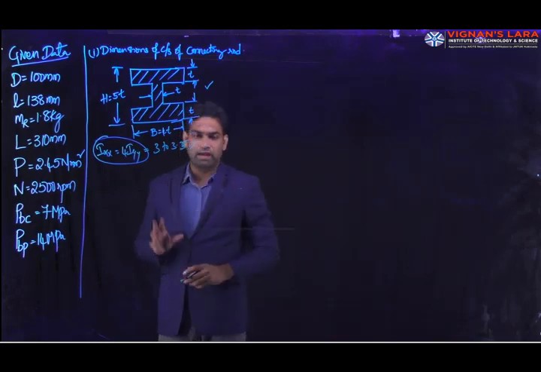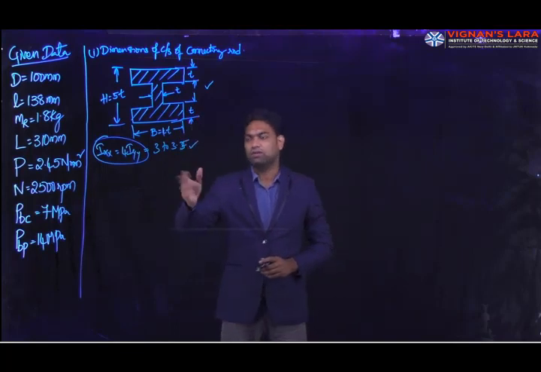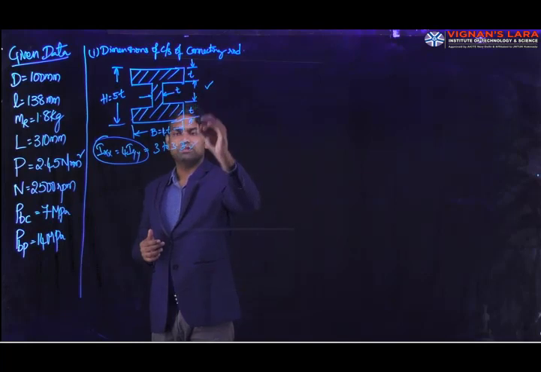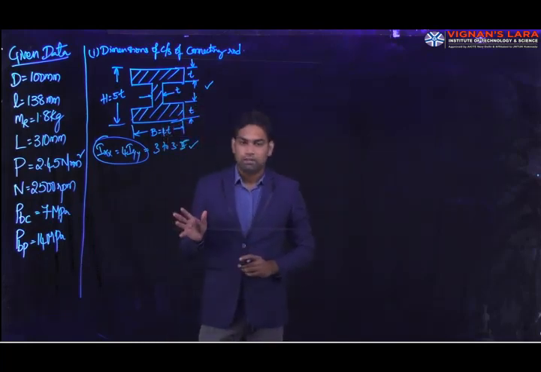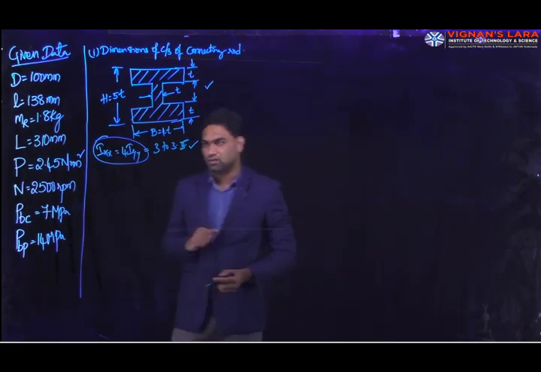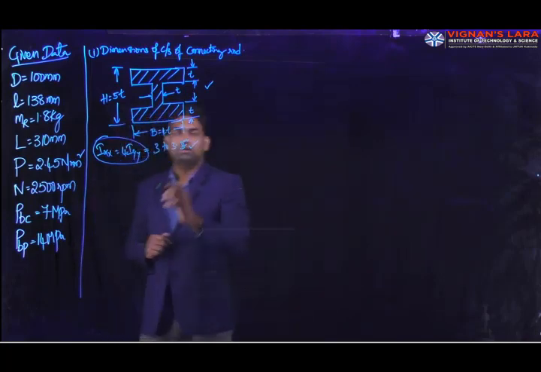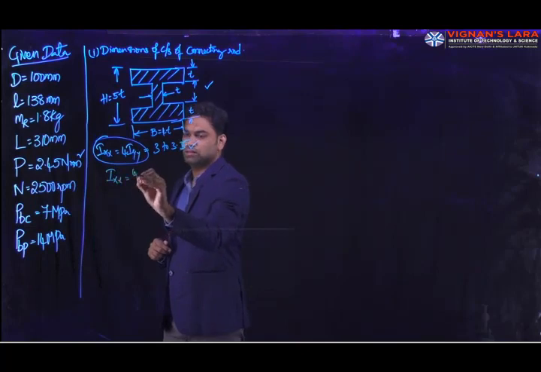So we need to calculate Ixx as well as Iyy for these proportions. After that we can check whether our specified proportions are within this range or not. Initially we check the ratio of Ixx and Iyy for the considered cross section. If you calculate Ixx for this section, you get 419 by 12 T power 4.